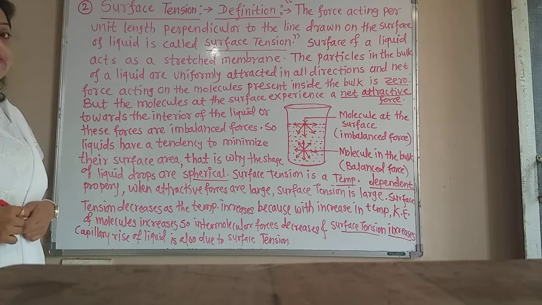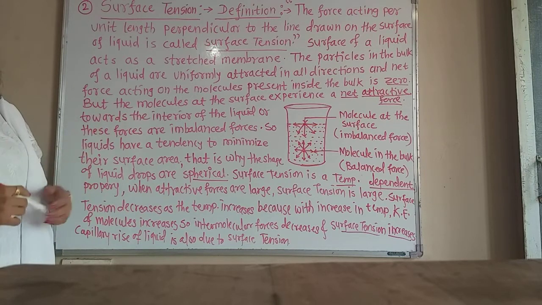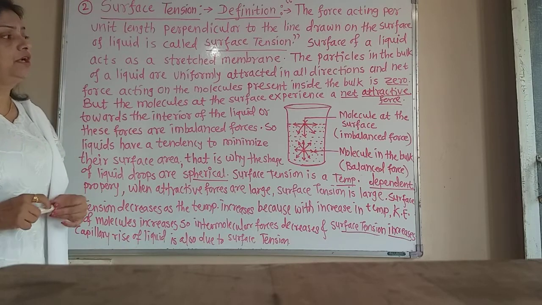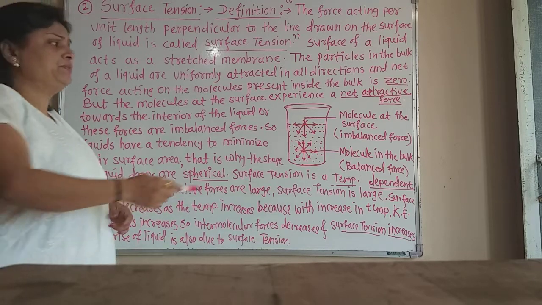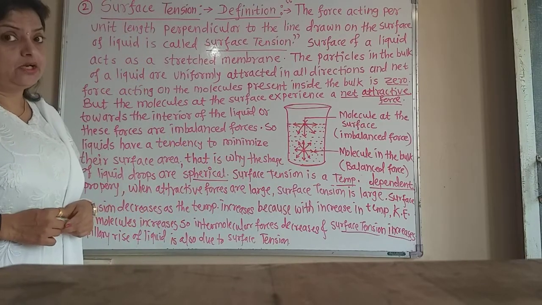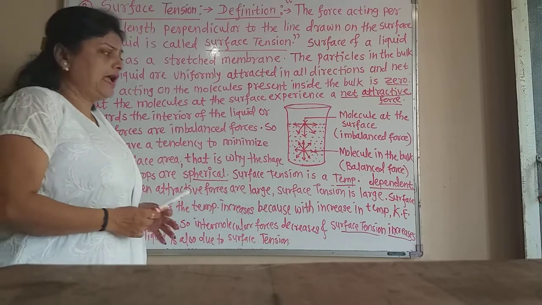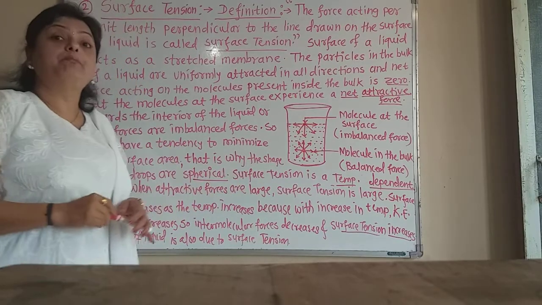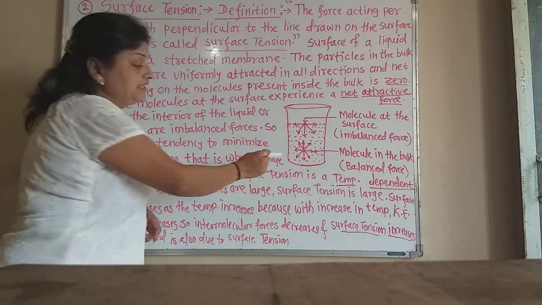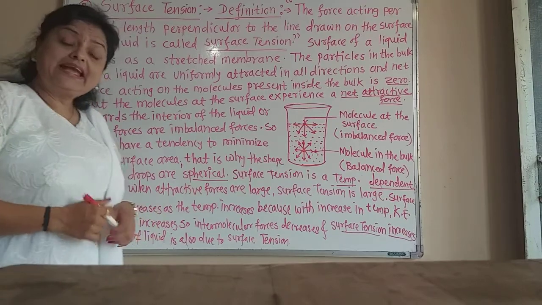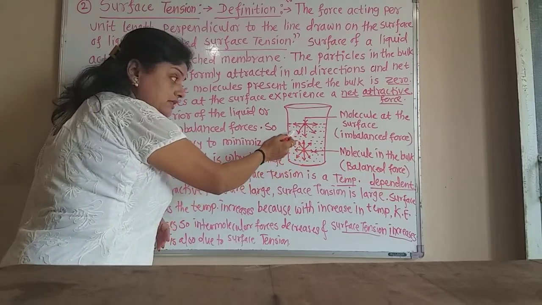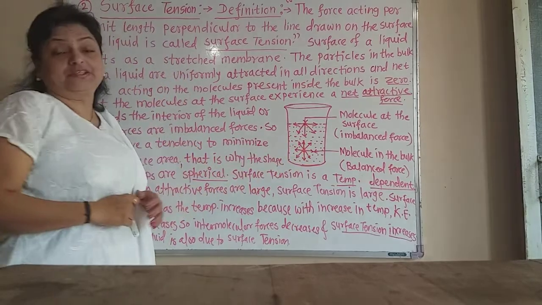As the name suggests, it is the force on the surface. Tension is the force. Now, see here in this figure, suppose a liquid is there in a beaker. If any molecule is present in the bulk of the liquid, that molecule is attracted by other molecules in all directions.